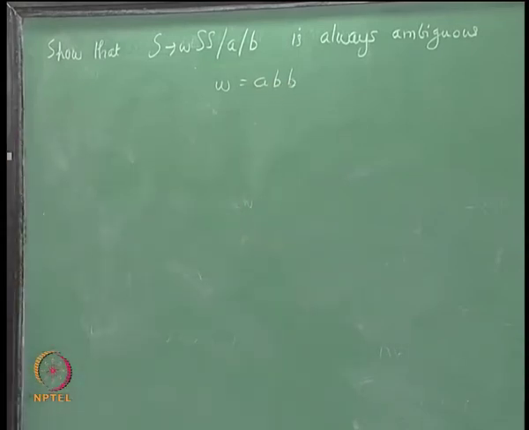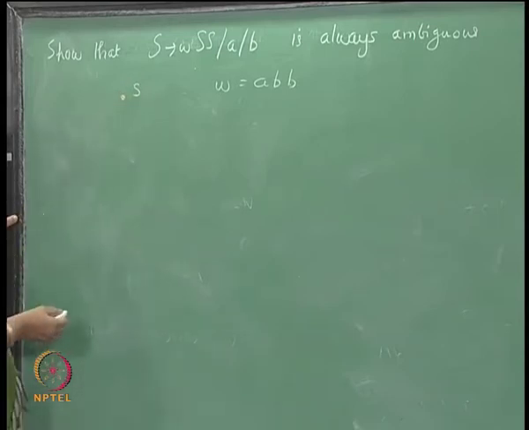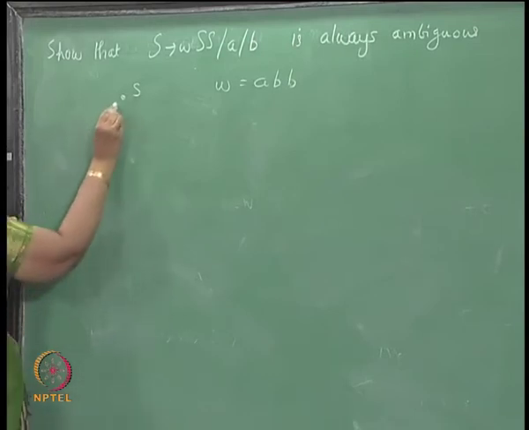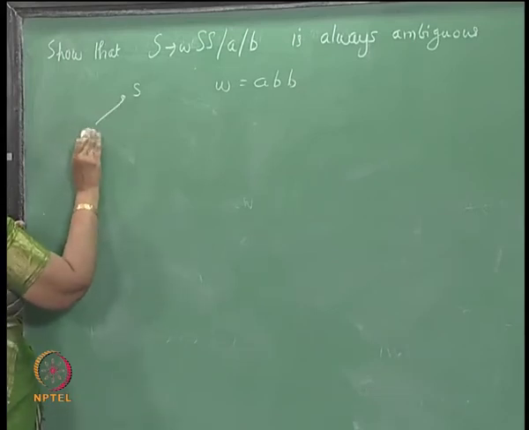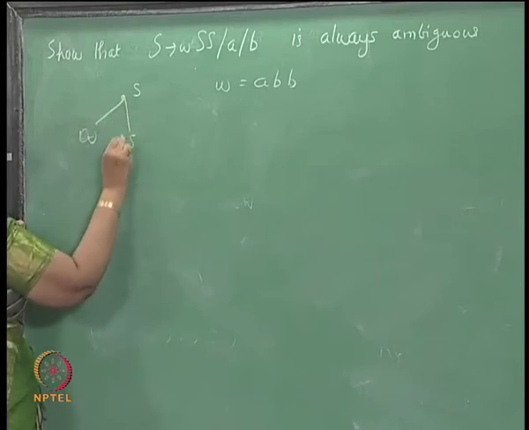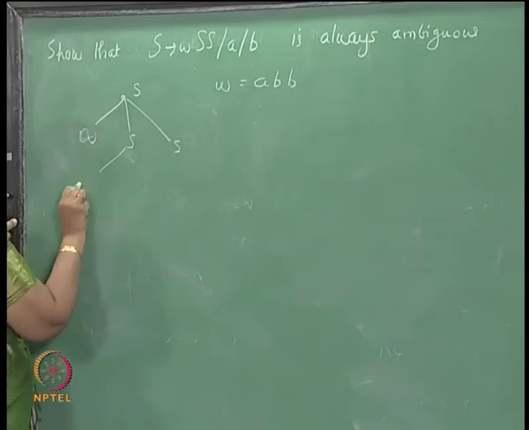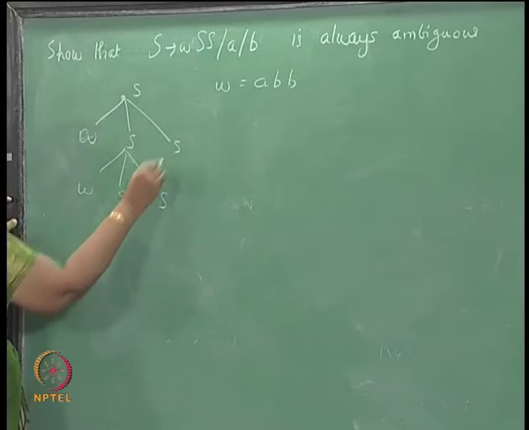The rules are S goes to WSS, S goes to A, S goes to B. So, you can always have something which can be derived in two different ways in this case. How is that possible? I will put WSS, and then S can go to A or B. Again you can have another WSS. Now, three symbols can be derived from that.